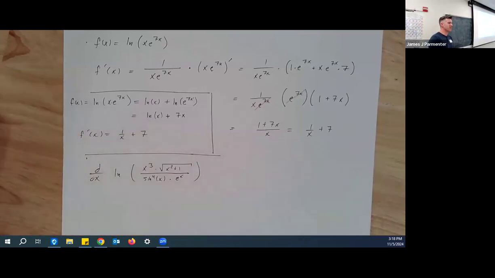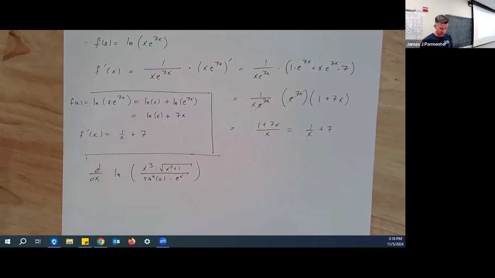And I've had students do it the hard way, write it as 1 over all that stuff, and then take the derivative of all that stuff using the quotient rule and the product rule twice and the chain rule at least a couple times. Not the way to do it. Not the way anyone means for you to do it.